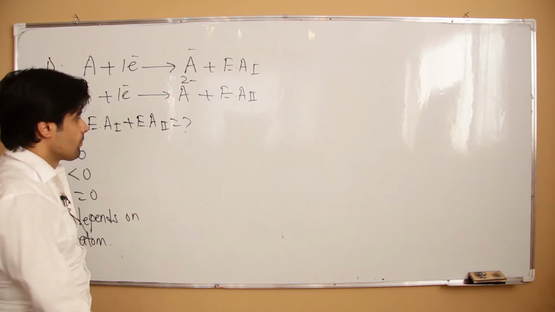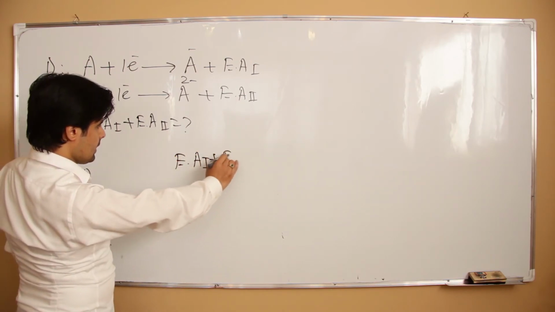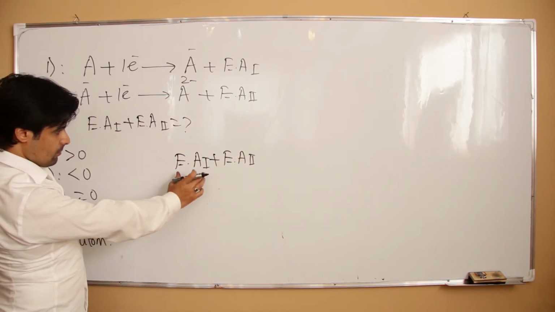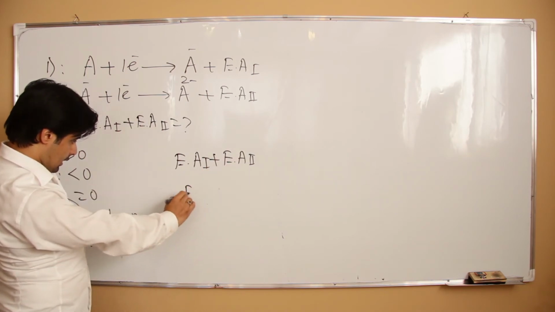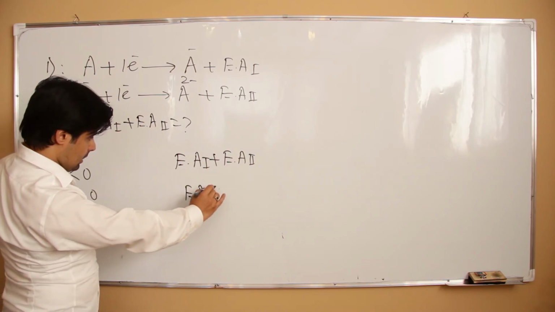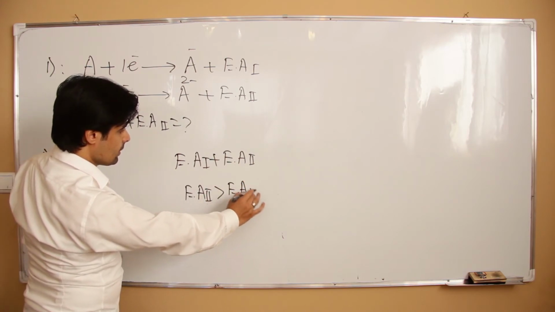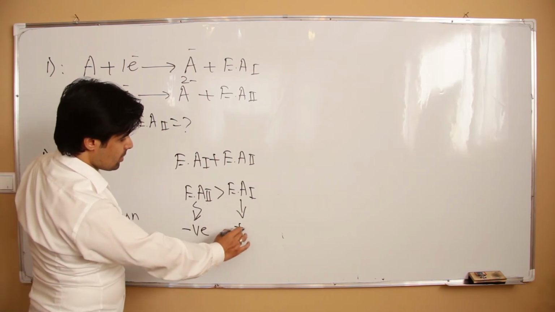What do you think? I think electron affinity first plus electron affinity second, since the value for this one and this one is not the same, and electron affinity second is greater than electron affinity first, and in sign this one is negative and this one is positive.